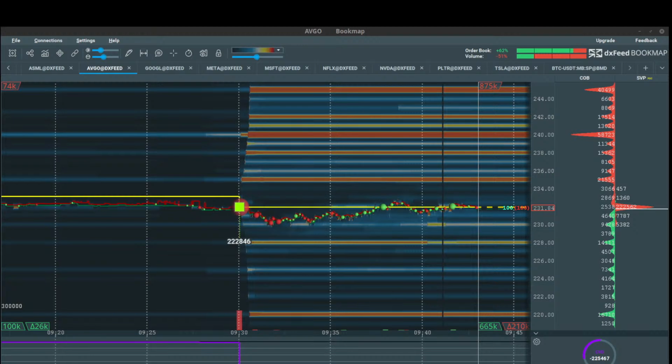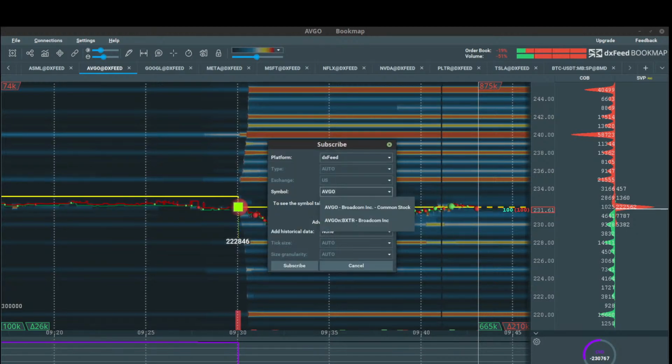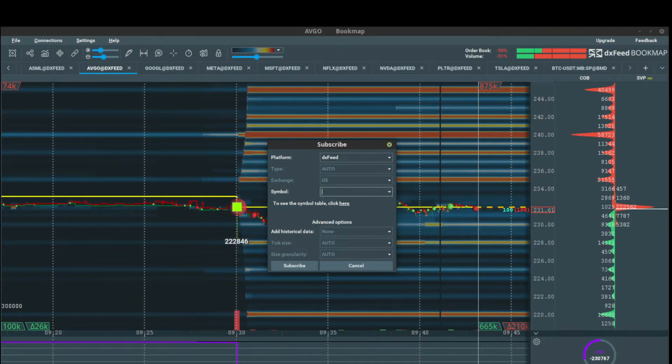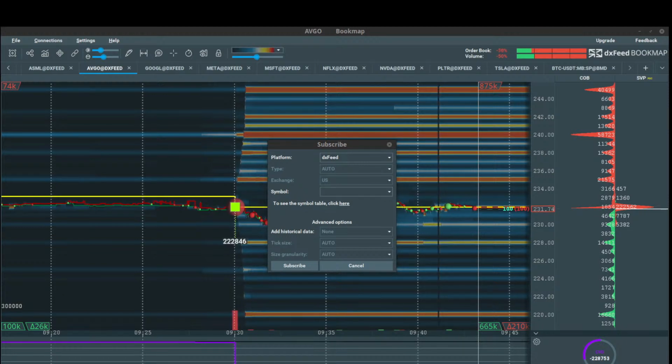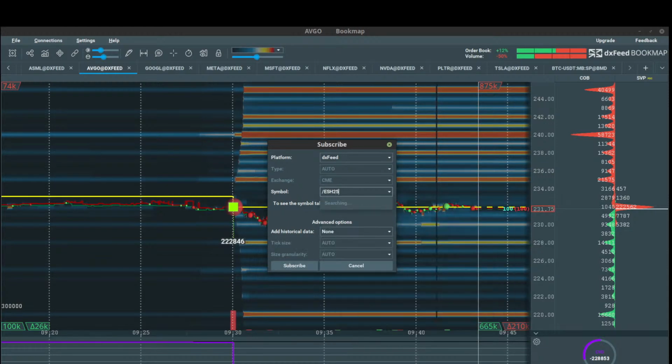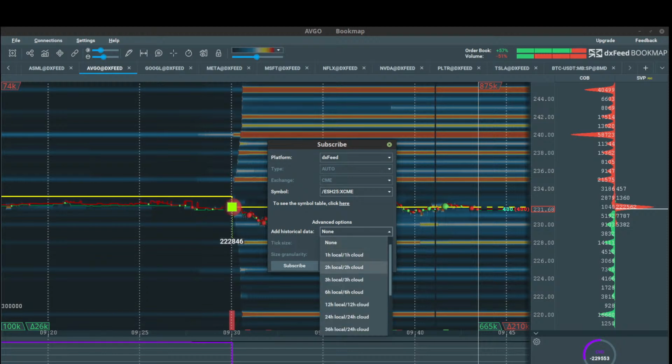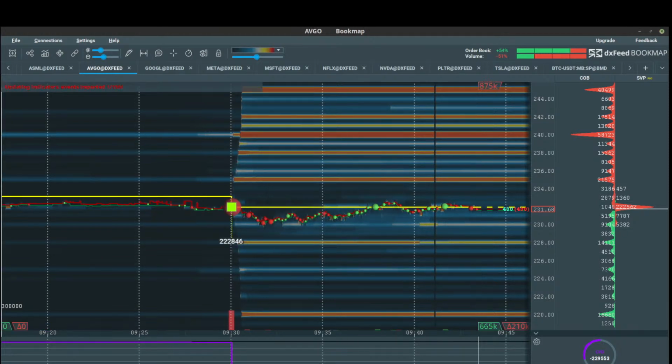So we're going to pull up S&P futures here. Give me a moment. We're going to pull that up on DX feed. We'll backfill about 6 hours of data.